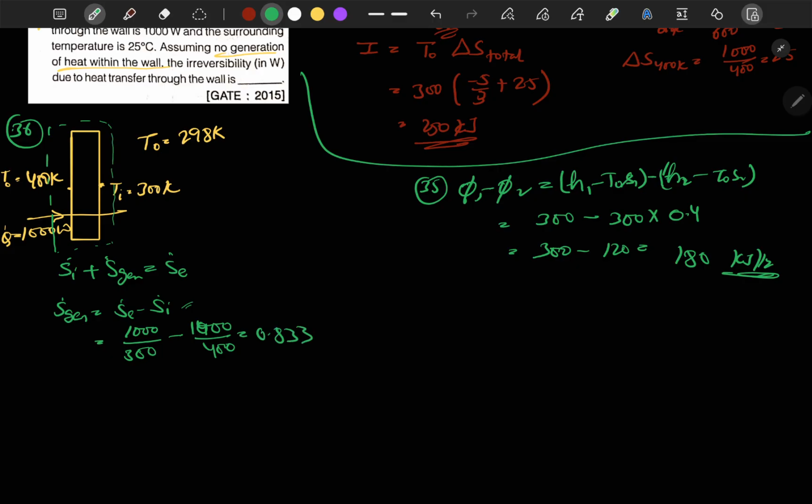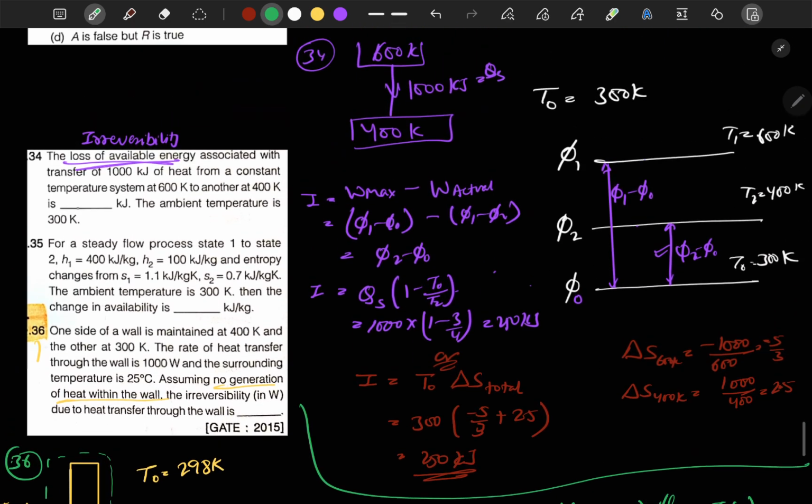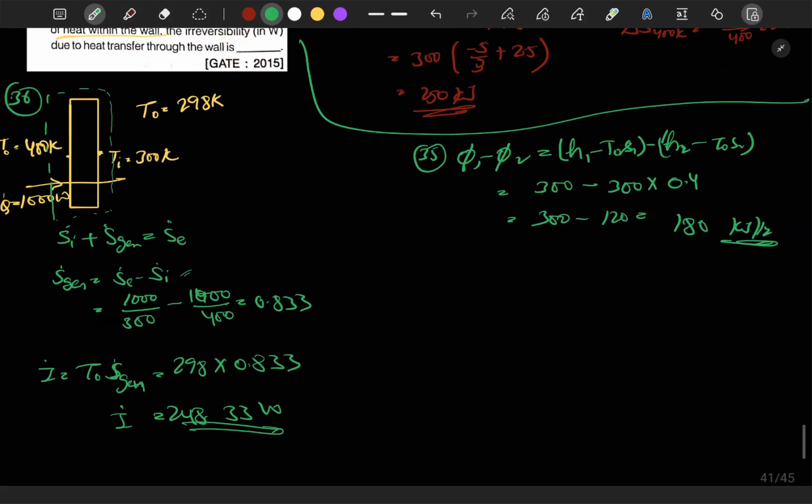Now irreversibility is equal to T naught into S dot generation, so 298 into 0.833. We get the total irreversibility equal to 248.33 watt.